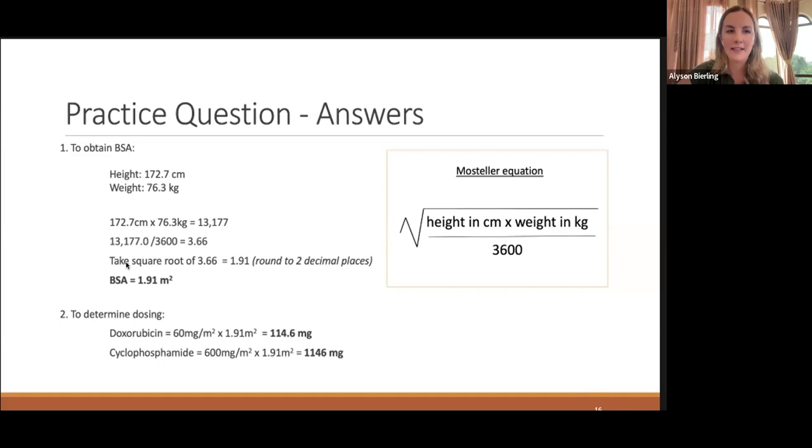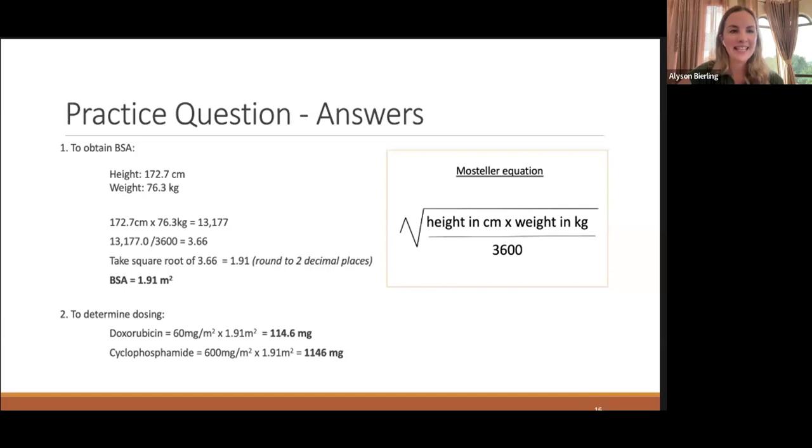The third and final step is to take the square root of 3.66, and you should have gotten 1.91. We always round our BSA to the nearest 2 decimal places. So the patient's BSA would be 1.91 meters squared. Hopefully we all got that answer.